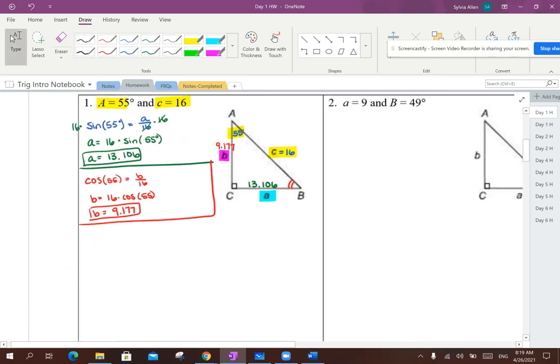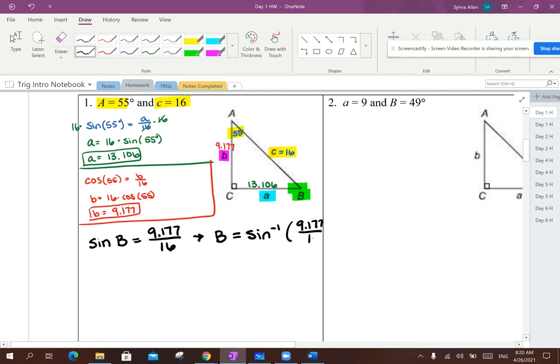So very important, you could do this either direction. What I need to be able to do is to try and use the given information if at all possible. So I'm going to use the hypotenuse as 16, and you could either do sine of angle B says opposite over hypotenuse, which would give us B is equal to sine inverse of the same ratio.